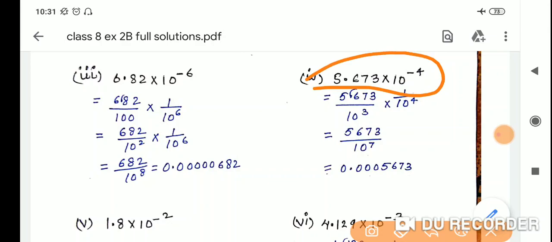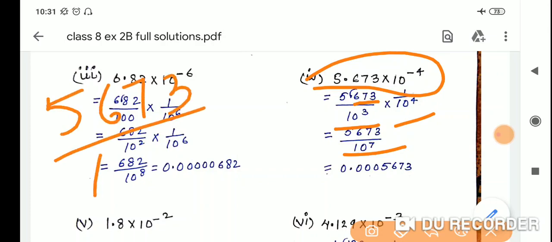5.673 has 3 decimal places, so 10 raised to the power 3 and 1 by 10 raised to the power 4. So the power will be 7. Now it is very important to put the correct decimal wherever it is required. 5673 by 10 raised to the power 7.